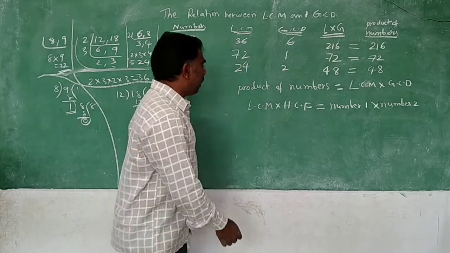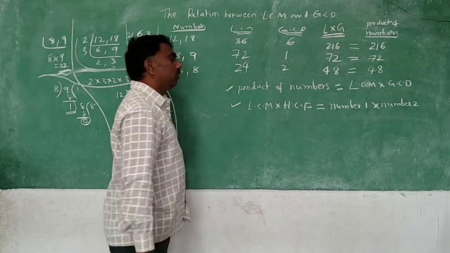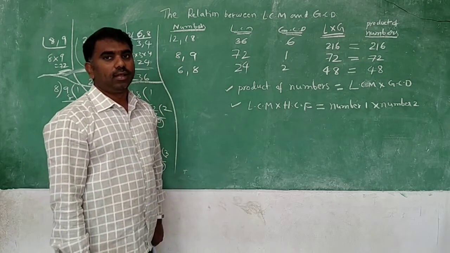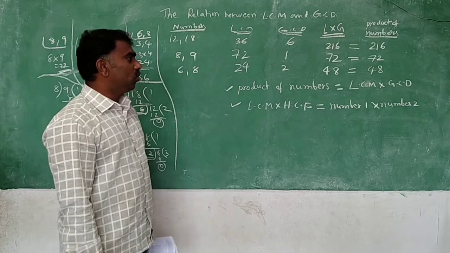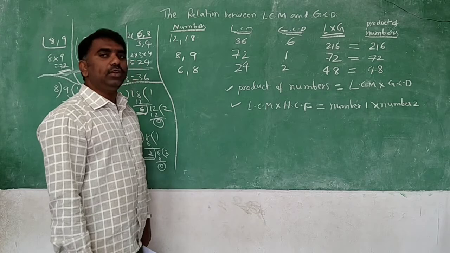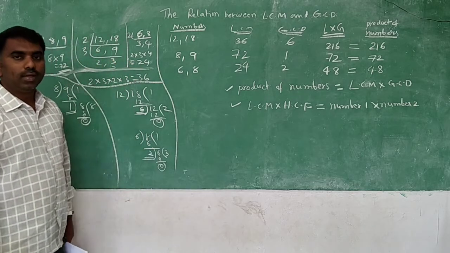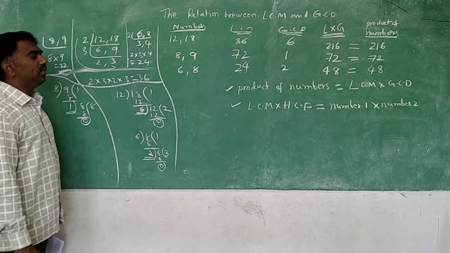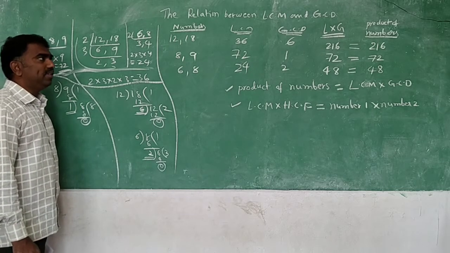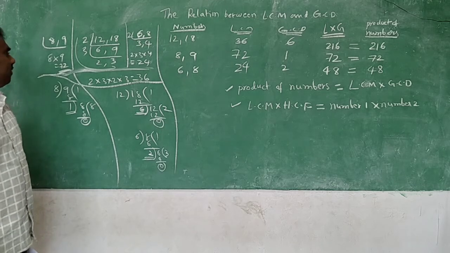So like this or like this, anyhow you can write the formula. That is your choice. Product of the numbers is equal to LCM into GCD, or LCM into HCF is equal to number 1 into number 2. So this is the relation between the LCM and GCD.